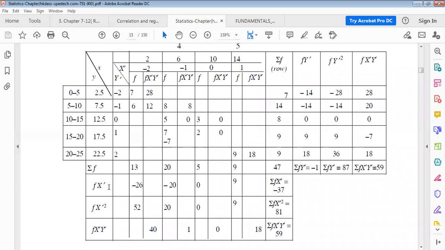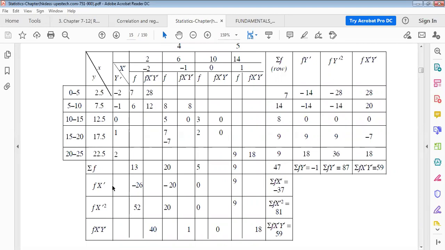So f x dash, frequency multiplied by x dash: -2 multiplied by 7, minus 14, then -1 multiplied by 7.5... 7.5 multiplied by 6. Then y dash, and y dash whole square.